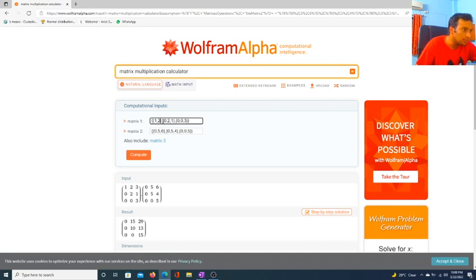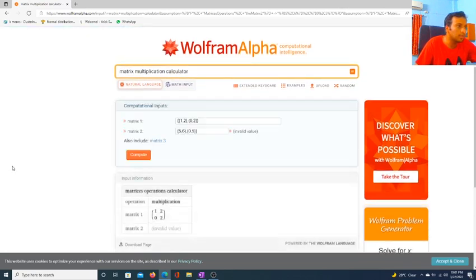The first matrix is this, and the second matrix which I'll take is this. It looks like both these matrices are upper triangular.